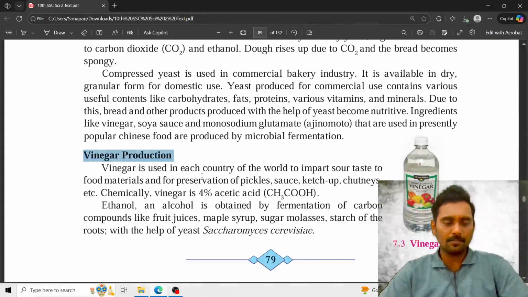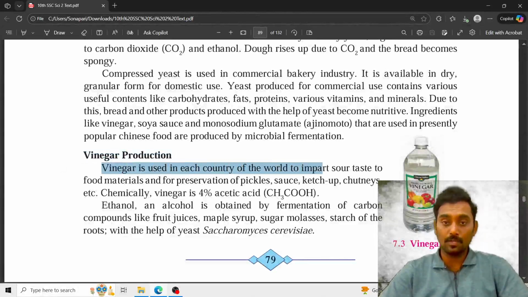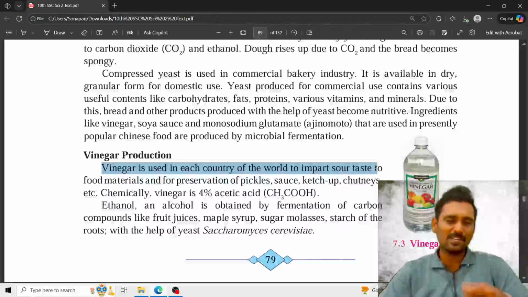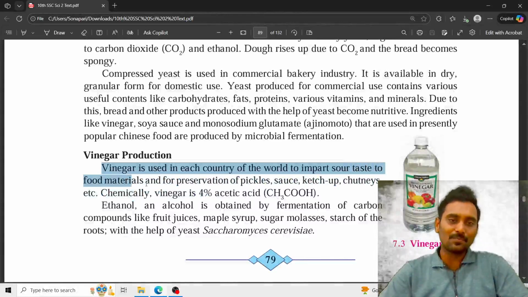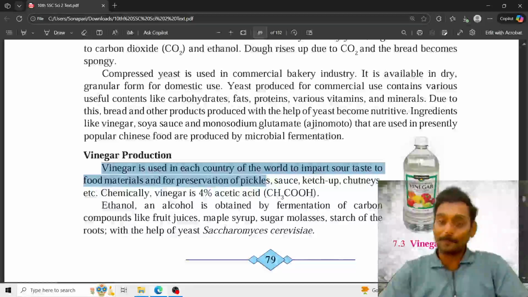So now we will start with vinegar production. Vinegar is used in each country throughout the world to impart a sour taste, a very typical sour taste, to food material and to preserve pickles, sauce, ketchup, chutneys.